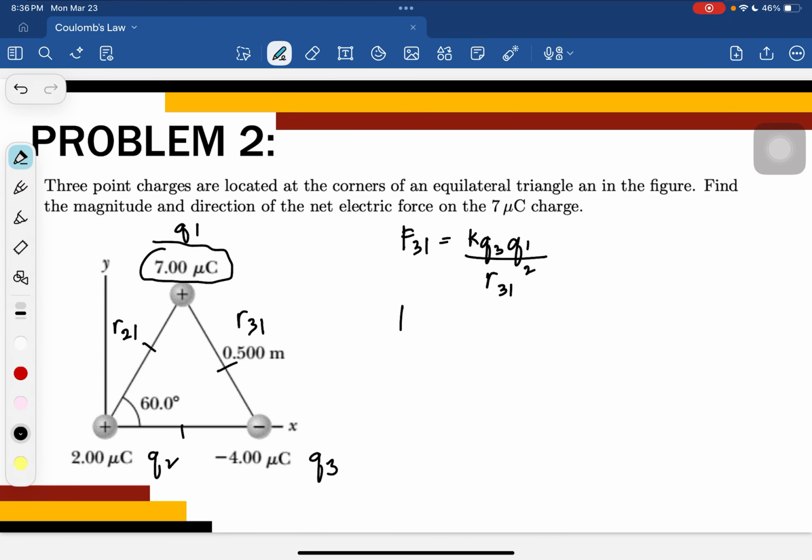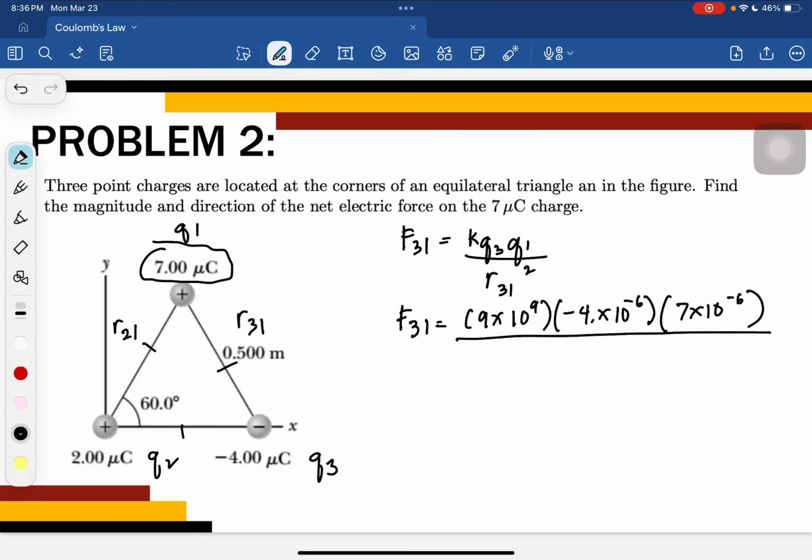F31 is equal to 9 times 10 to the 9, times Q3, which is negative 4 times 10 to the negative 6, times Q1, which is 7 times 10 to the negative 6. That's why you have to be familiar with your prefixes. R31 is 0.5, squared.